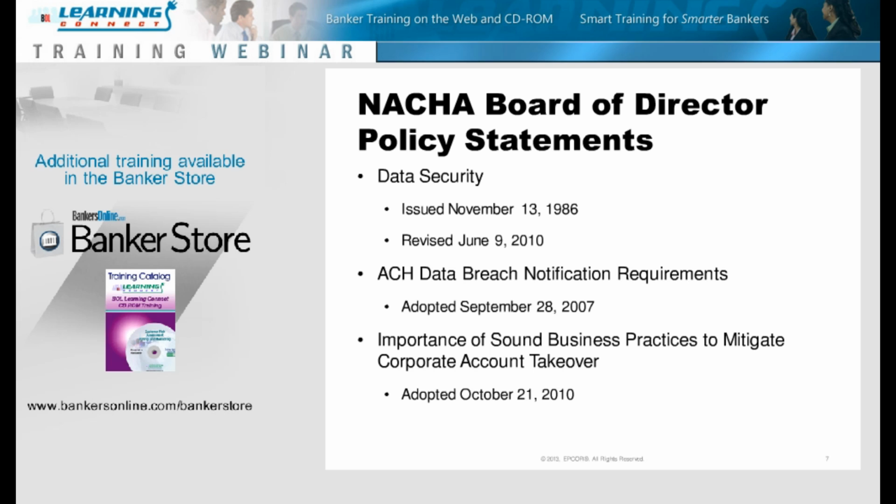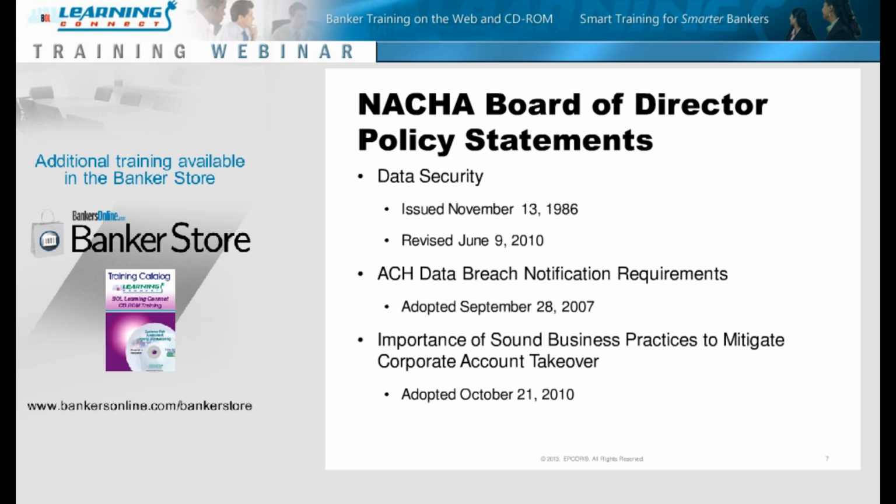And at that time, the answer was not necessarily. So there are times when new rules are not implemented, they're not balloted in the NACHA world, but the NACHA Board of Directors decides that they need to issue what they call a policy statement that basically identifies to the ACH world that we need to pay close attention to something.